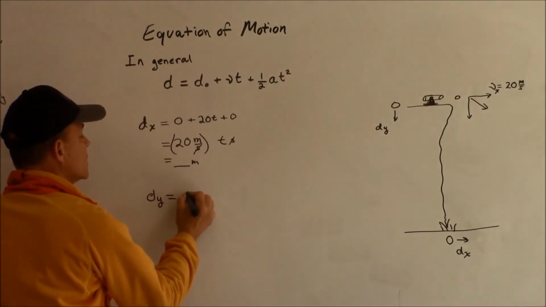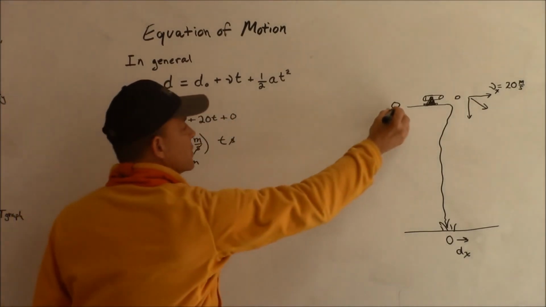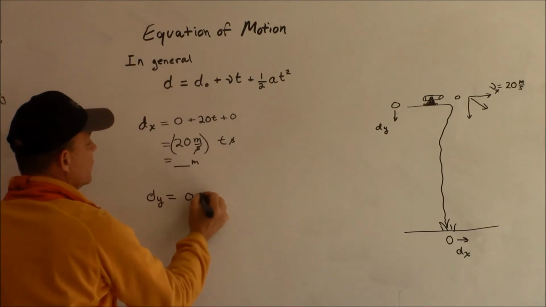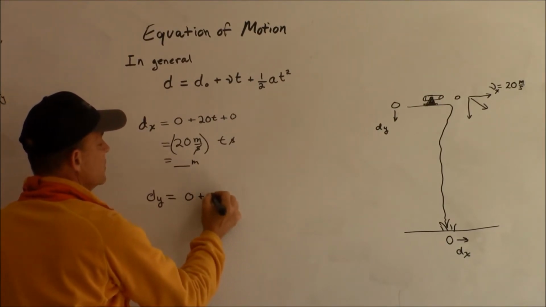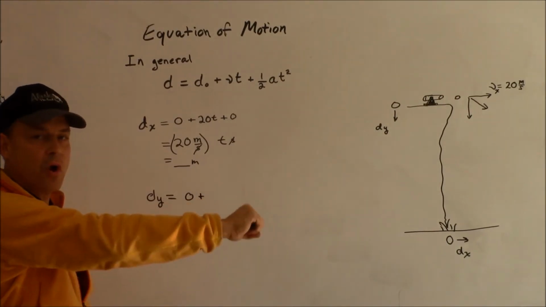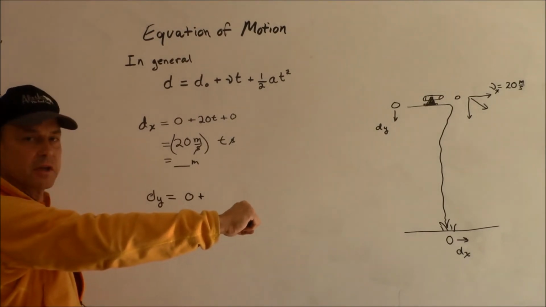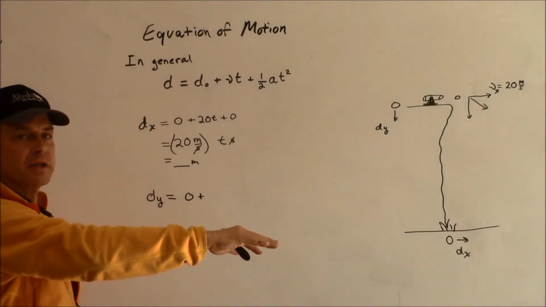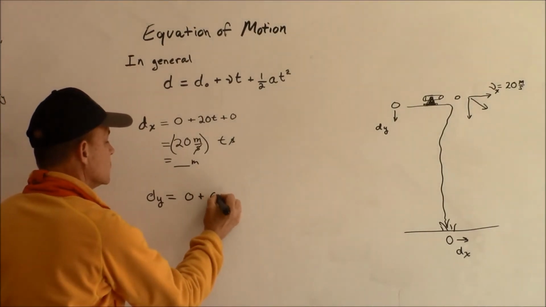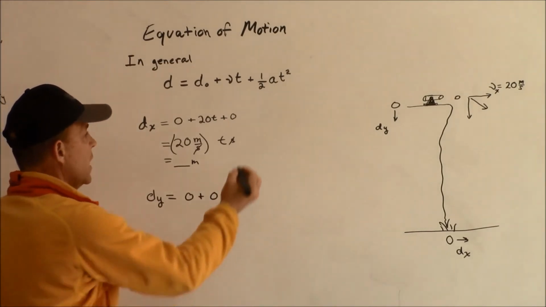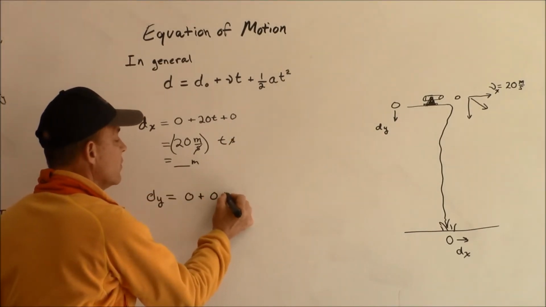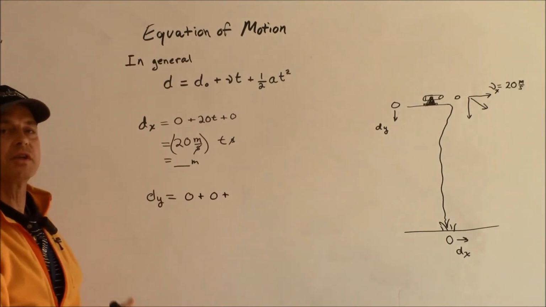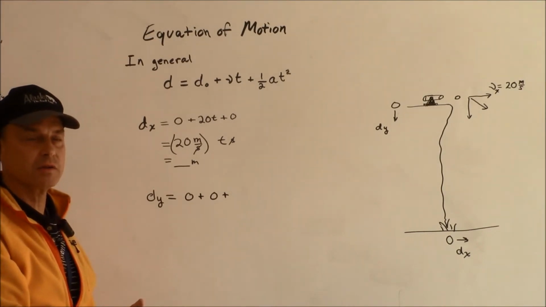It starts at 0. dy starts at 0. And then we add the initial speed. Well, if you're holding a ball, initially, before you drop it, its initial speed is 0.